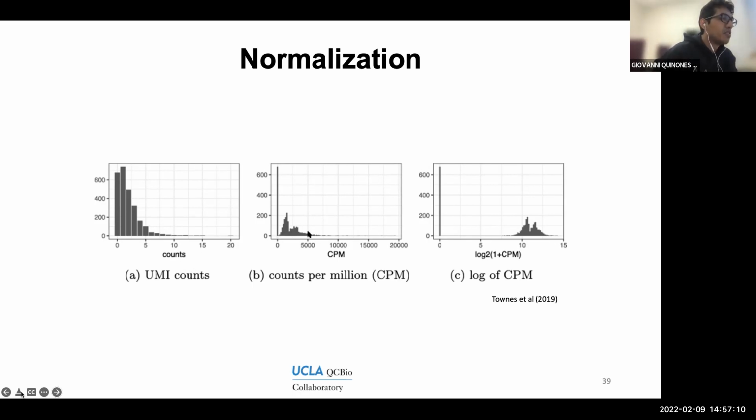However, when you perform counts per million normalization, all of a sudden you see that the shape of your distribution has changed dramatically. When you normalize these values, you see that the histogram bar at 0 stands out from the rest of the distribution, right?